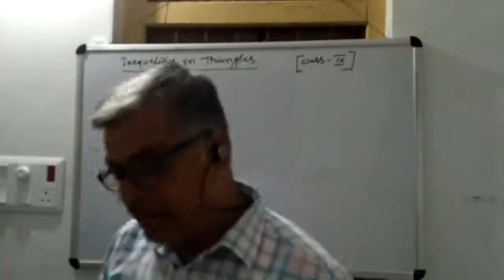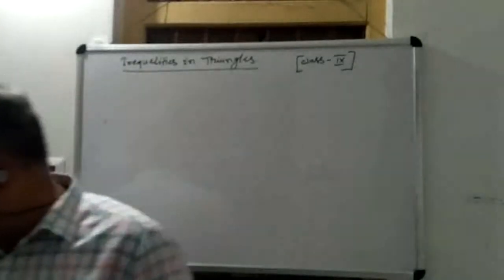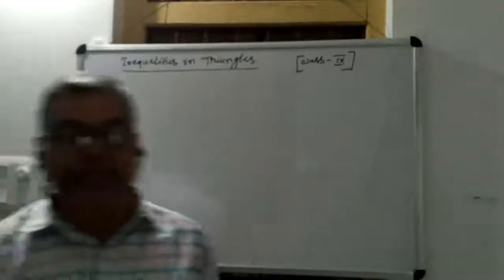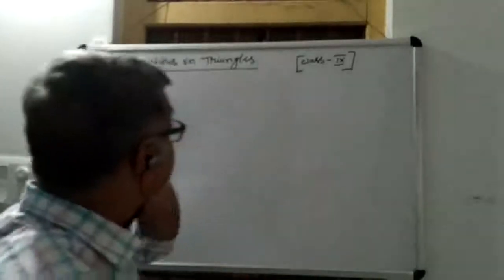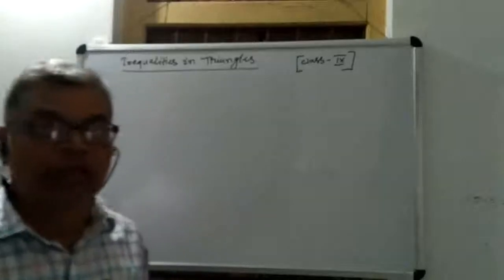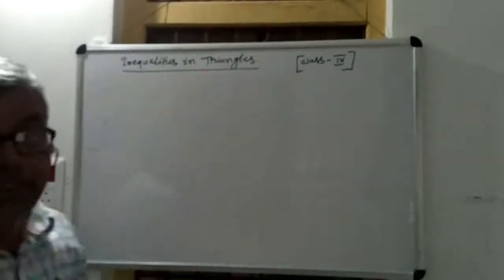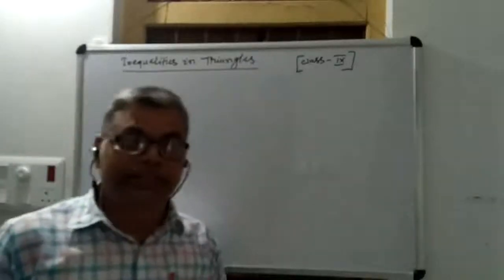After completing the exercise 7.3, children, our next topic is inequalities in triangles. Now we have to discuss a property of inequalities in triangles.